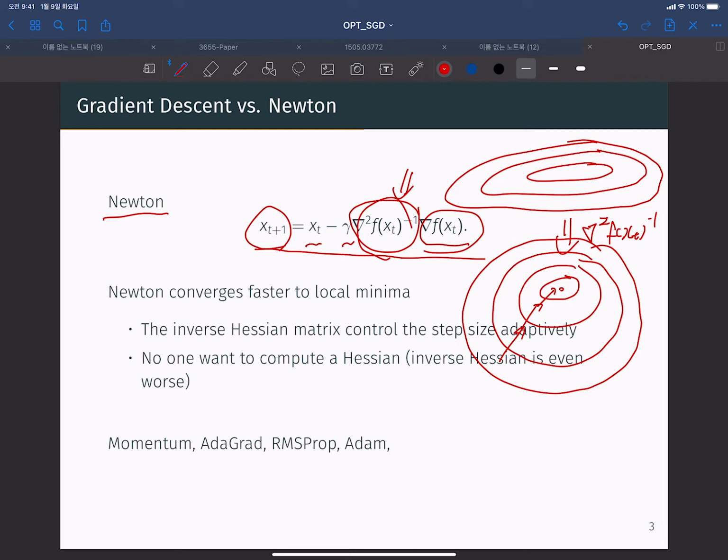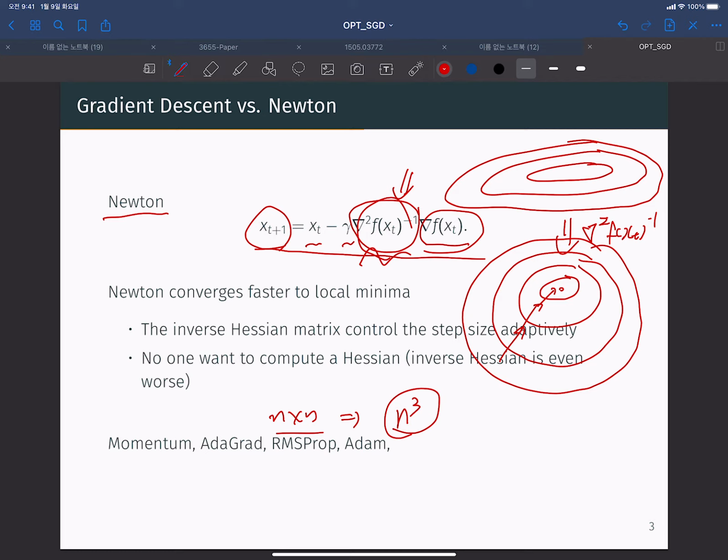So that is very huge, and even worse, you have to compute the inverse Hessian matrix for Newton's method. The computational complexity to obtain the inverse matrix is very huge. When you have an n by n matrix, it is known that you need roughly n cubed operations to obtain the inverse matrix.